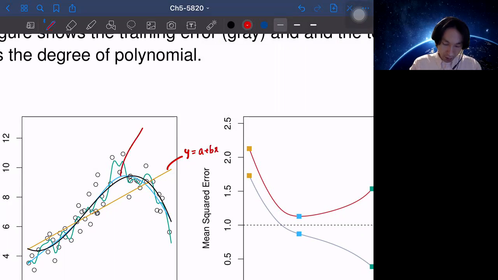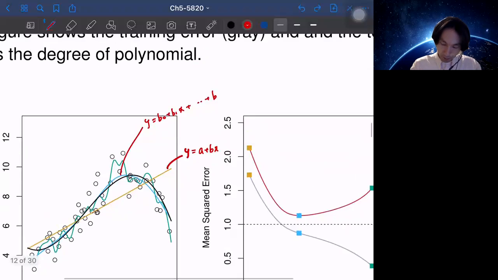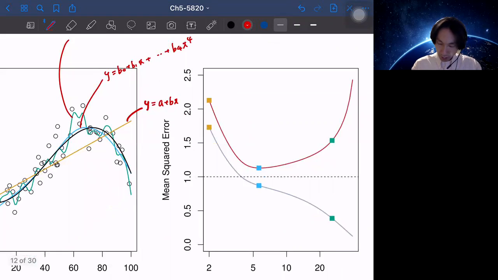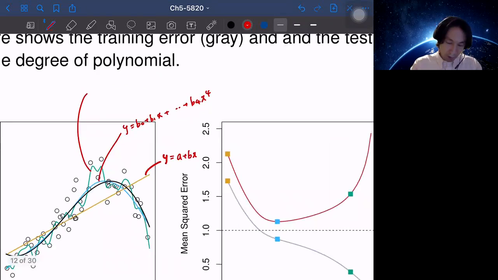The blue one is a degree 5 polynomial, so y equals b0 plus b1x plus up to b5x to the 5th power. And the green one is the more flexible model. Actually, we have 20 parameters. So this is y equals beta0 plus beta1x up to beta20x to the 20th power, plus epsilon.